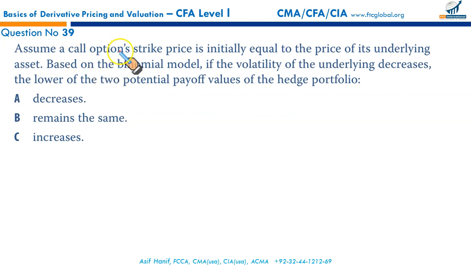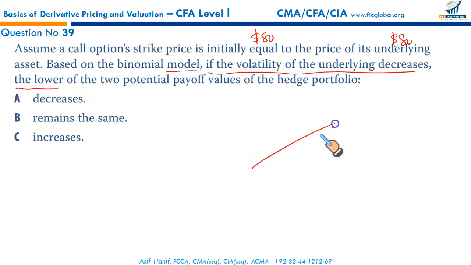Assume a call option strike price is initially equal to the price of its underlying stock. Let's say the strike price is 80 and the price of the underlying is also 80. Based on the binomial model, if the volatility of the underlying decreases, the lower of the two potential payoffs.